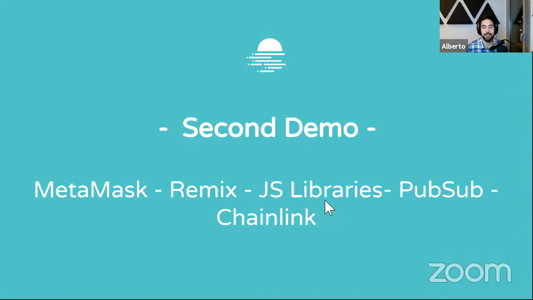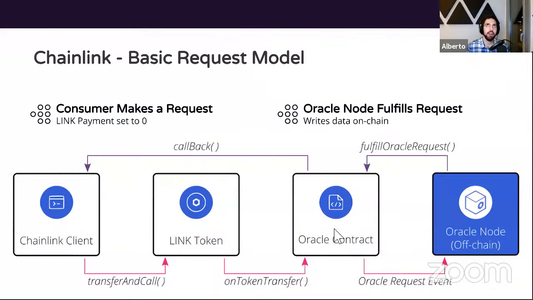So before we actually go into these tutorials, I want to explain 2 concepts that you might already know, but I want you to have it clear just because we're going to go into them a little bit. So the first one is that Chainlink offers 2, let's say, architecture models to get data off chain to the blockchain, right? The first one is called the basic request model. In this model, let's say a user wants to get the price of Bitcoin.